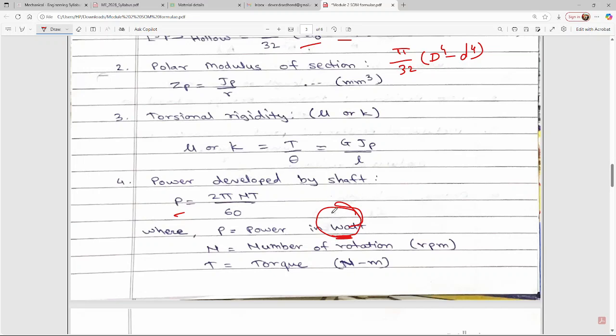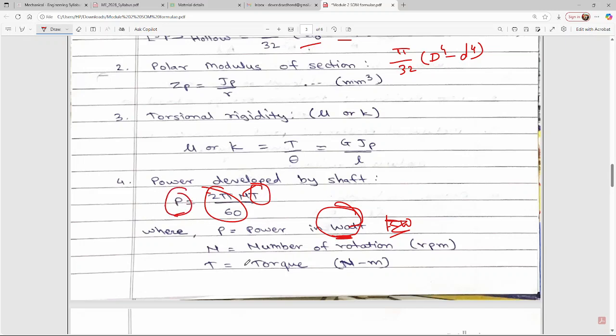Don't use kilowatt or any other unit; it will be taken only in watt. N is the number of rotations in rpm, and 2 pi and 60 are constants. N is given in rpm. You can easily find the torque, or if torque is given, then you can easily find the power.